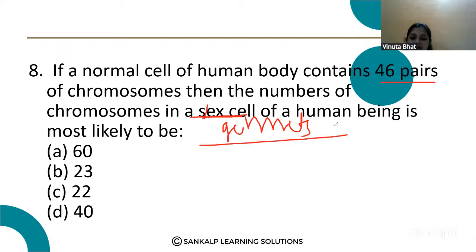Total 46 chromosomes will be there in the body cell. Gametes contain half of the chromosomes of the human body, that is 23. The correct answer is option B, 23.